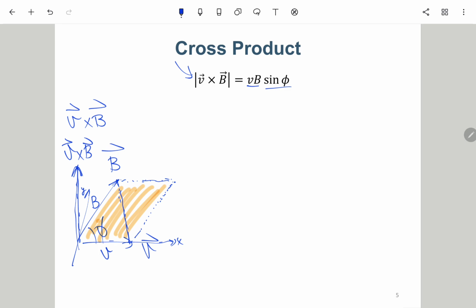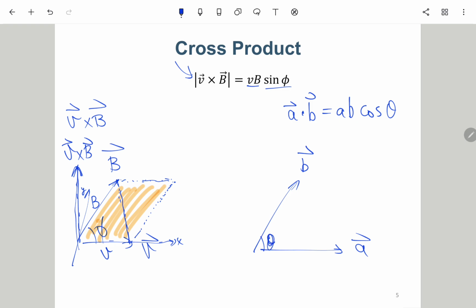And for the inner product, if we have A dot B, it will be A times B cosine of theta. Which means if we have A like this and B like this, with an angle theta here, and we draw a line perpendicular to vector A, then this part will be B times cosine of theta.